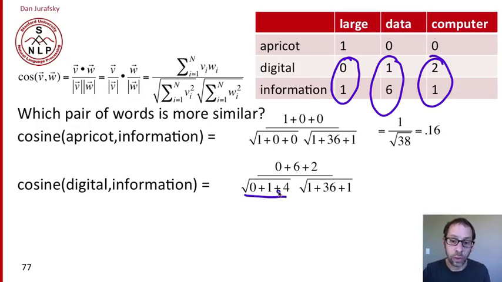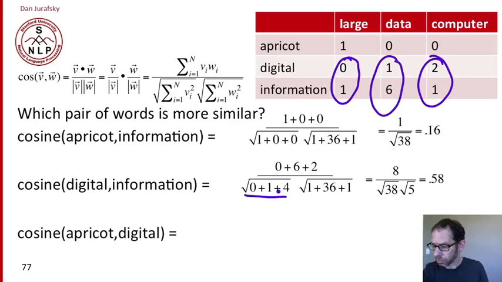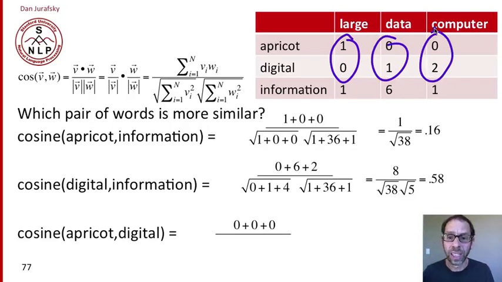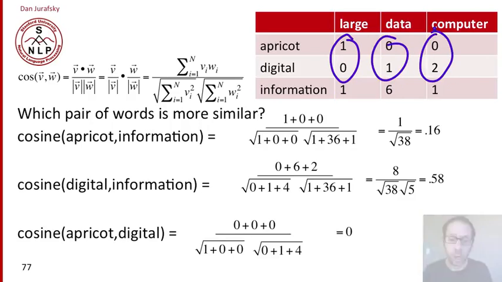And then the length of information, the same as we saw before. And now we get 0.58. And similarly for apricot and digital, the dot product between apricot and digital, 1 times 0, 0 times 1, 0 times 2, is 0. So we're going to get a similarity of 0.